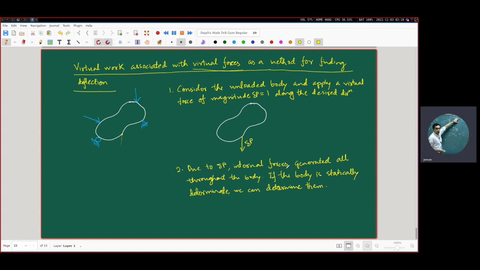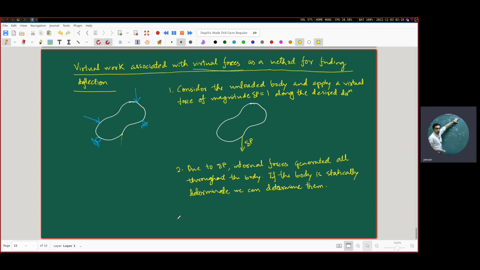All right, so the next step is what? You have applied this delta P, you keep it applied. Now you bring back the actual loading, meaning that you bring back this force and this one.